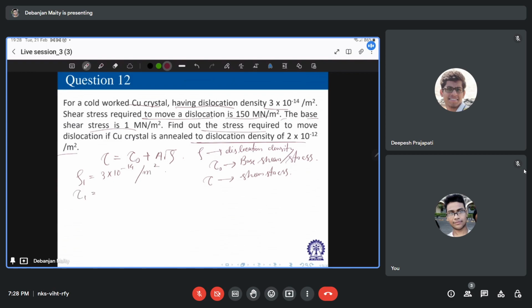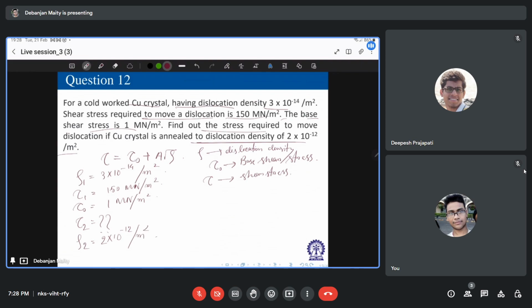Tau 1 is given as 150 meganewton per meter square. Sorry, tau naught is given as 1 meganewton per meter square. You need to find tau 2 if rho 2 is 2 into 10 to the minus 12 per meter square.